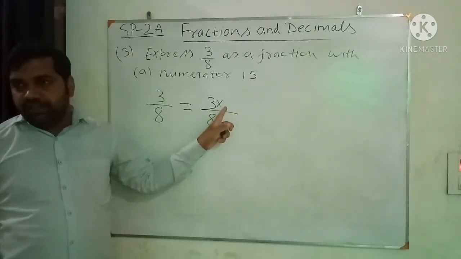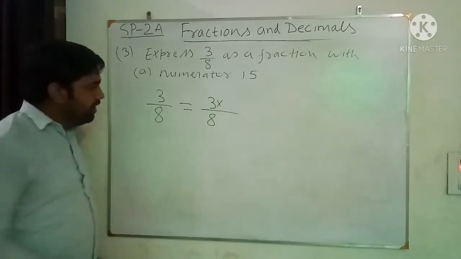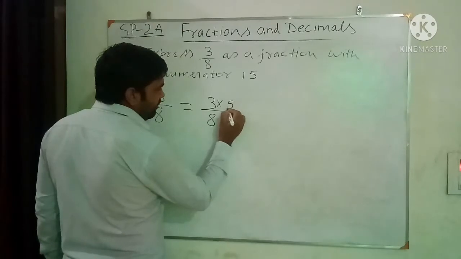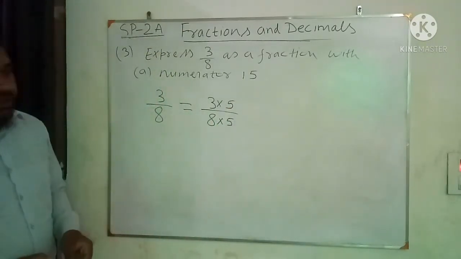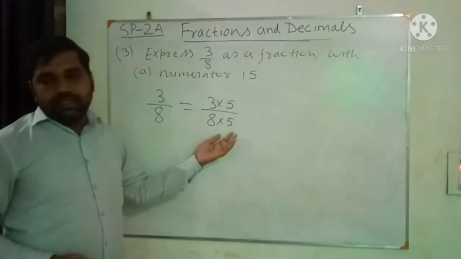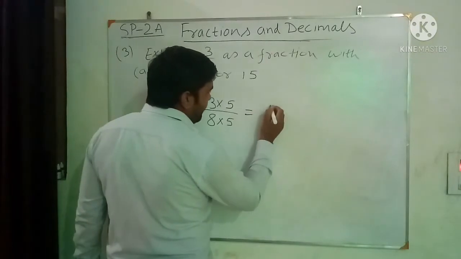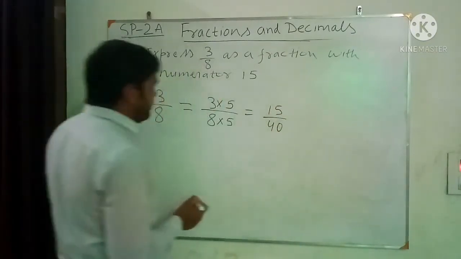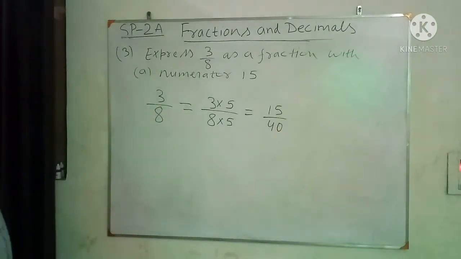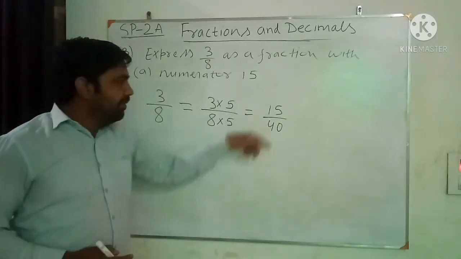That is 3 5s are 15. When you multiply 3 by 5, you get 15. So multiply the denominator also by 5. If you multiply the numerator with a certain number, then you have to multiply the denominator also with the same number. So what do you get here? 3 5s are 15, 8 5s are 40. That is 15 by 40. So the equivalent fraction of 3 by 8 in which the numerator is 15 is 15 by 40.